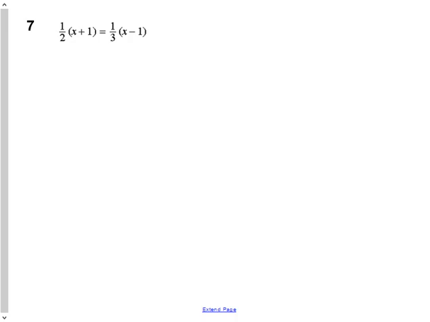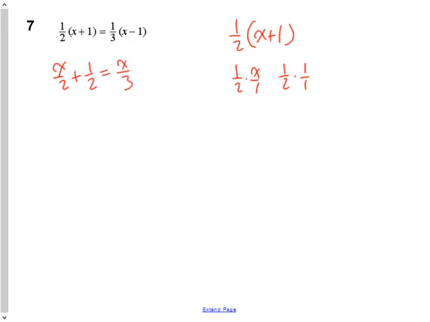Okay, looks complicated. Let's think about expanding it. What is a half multiplied by x plus 1? So it's a half times x. That's a half times 1. What will that give us? It'll give us x over 2 plus a half equals x over 3 minus 1/3.